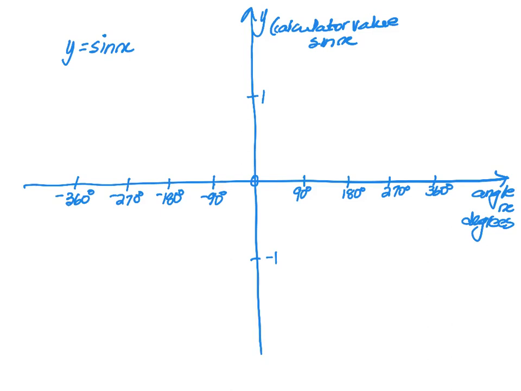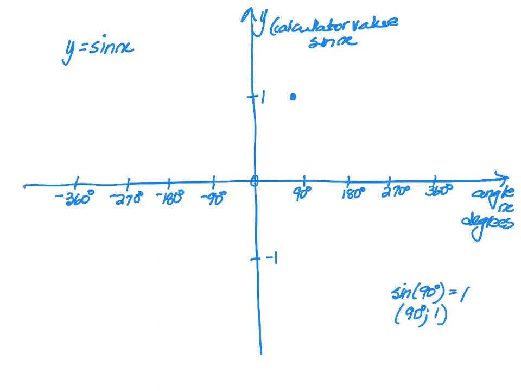Let's do an example. If you key in on your calculator the sine of 90 degrees, you get the answer 1. This generates a point in the Cartesian plane where x is 90 degrees, and sine of x, which is y, is 1. And we would graph that point over here.